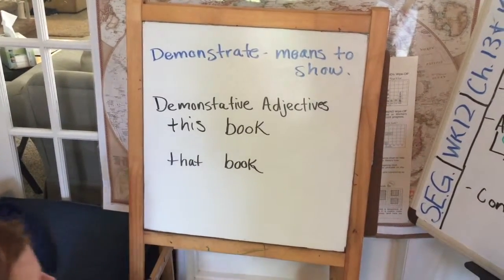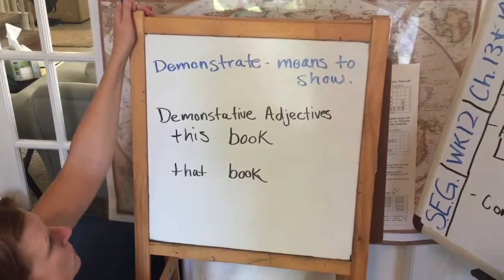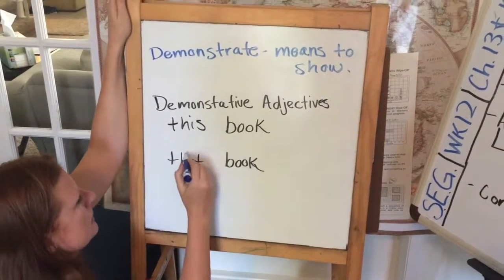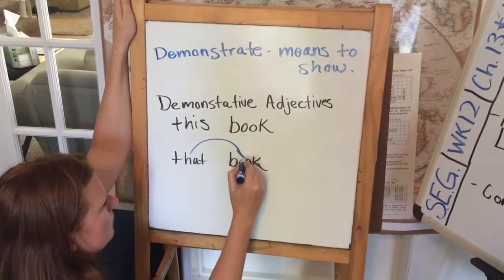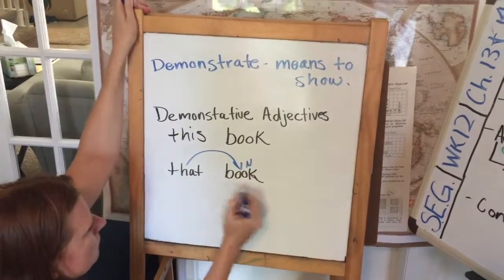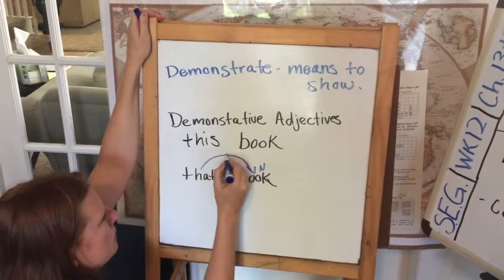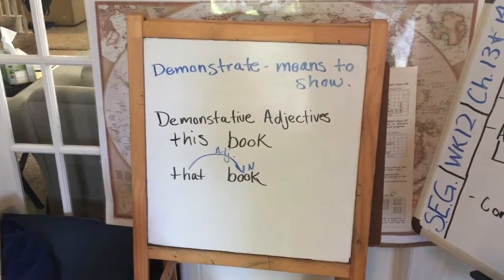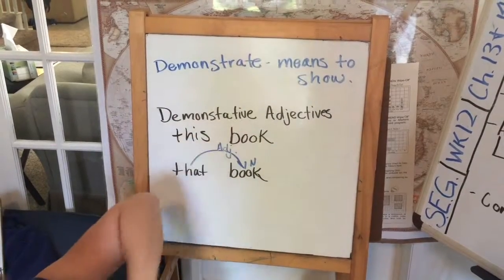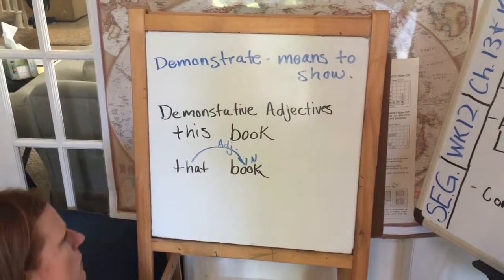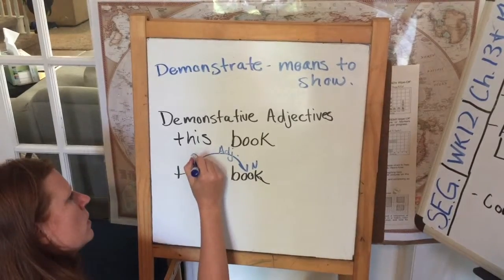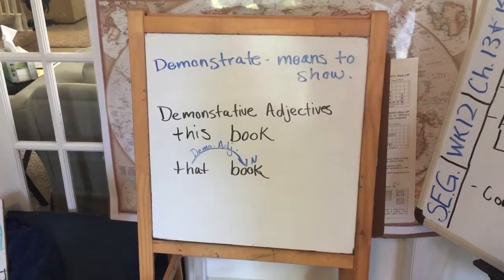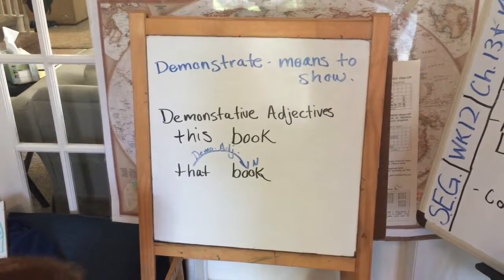Can I write this after? Yes, you can. So that brings us to the way that we do this. Remember, it's an adjective. Book is our noun. This is an adjective. But just like we put POSS in front of possessive adjectives, we're going to write demo in front of demonstrative adjectives.